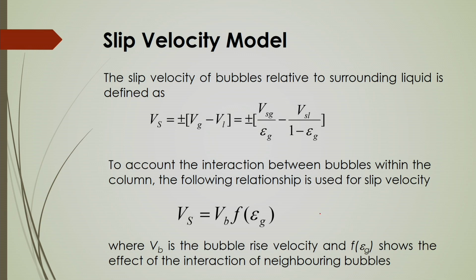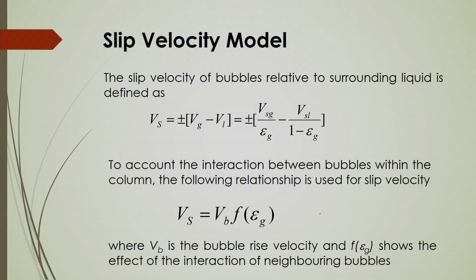Now, as per the slip velocity model, the slip velocity of the bubbles is relative to the surrounding liquid. That is how slip is happening: whenever gas is flowing against the buoyancy, even along with the liquid, there will be a slip between the gas and liquid.